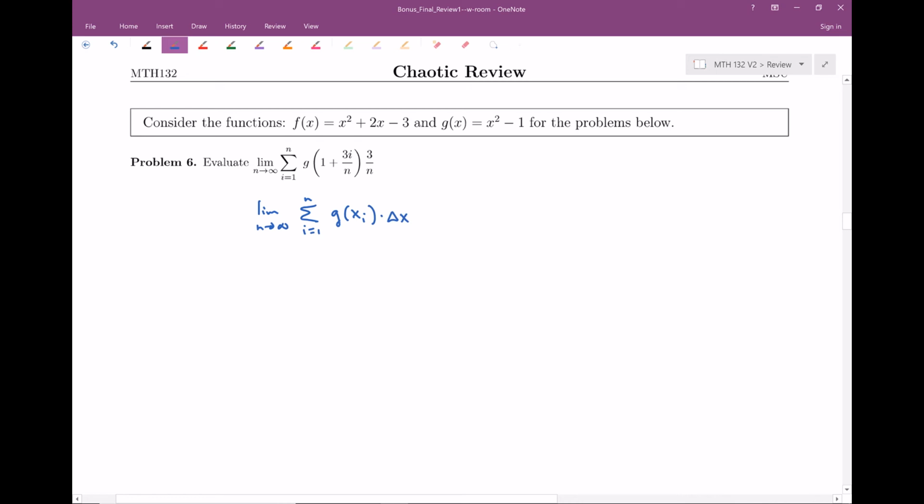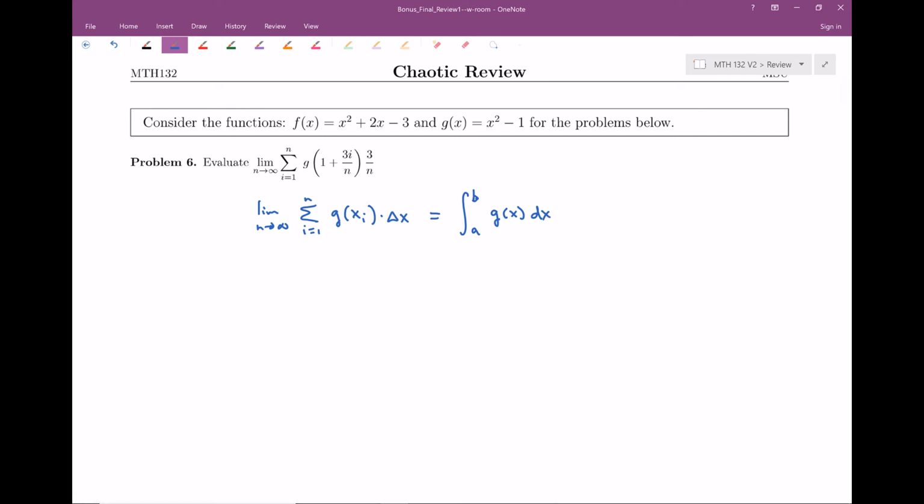If that's the case, this was the original definition for the definite integral between a and b of g of x dx, because we have the g function here rather than just an f function.